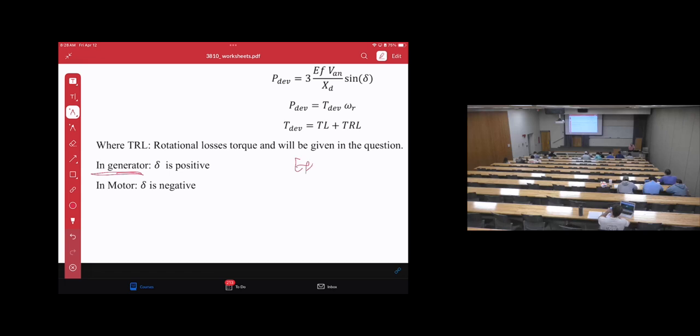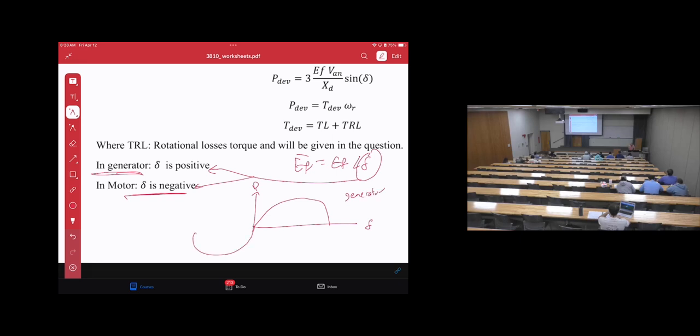We know EF bar equals EF angle delta. So delta will be positive if you are in generator mode. It will be negative if you are in motor mode. Okay? Now recall the power characteristics. Here is power, here is delta. So it will be like this. This means generating power.